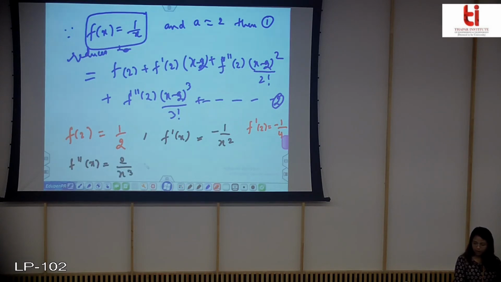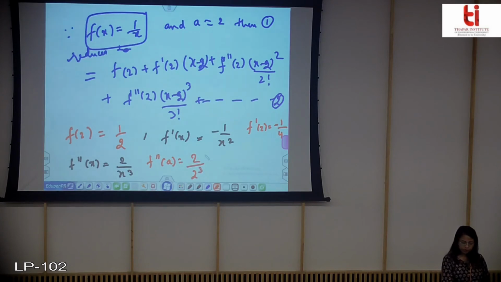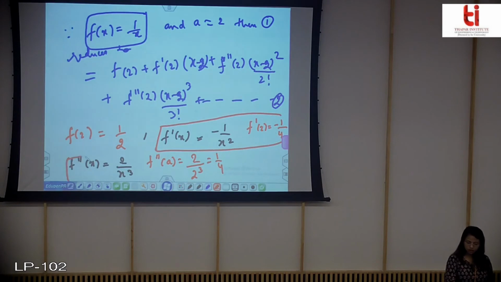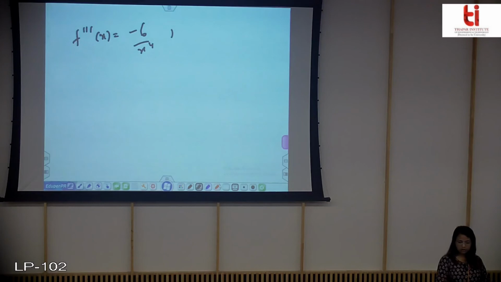And what will be the value of f''(2)? That will be equal to 2/2^3, so this will be plus 1/4. Okay. So these are together, and then we will find out f'''(x). This will be equal to this, and if you find it at the point 2, this will be equal to -3/8.